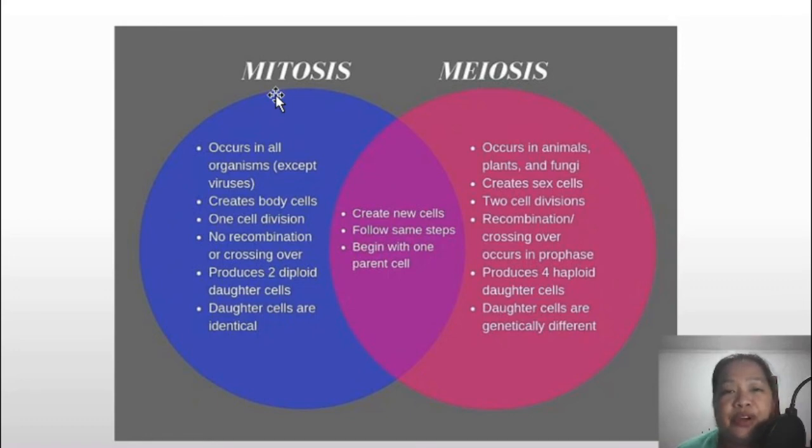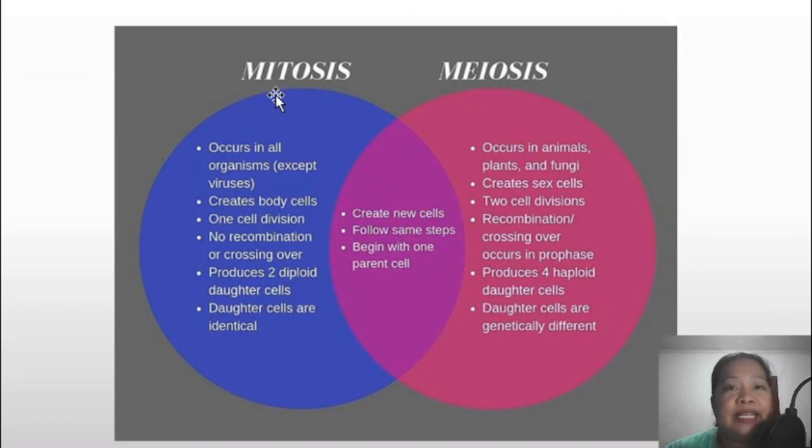In terms of number of divisions, mitosis has one division, while meiosis has two sets of division. In mitosis, no recombination happens, so whatever the identity of the mother cell, it is also the identity of the daughter cell.